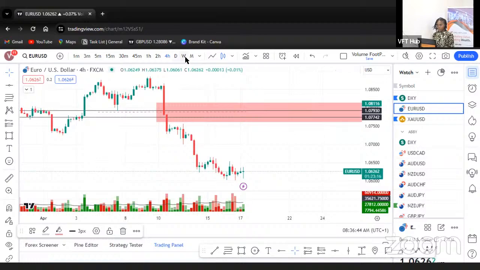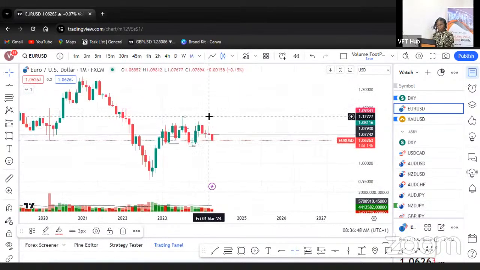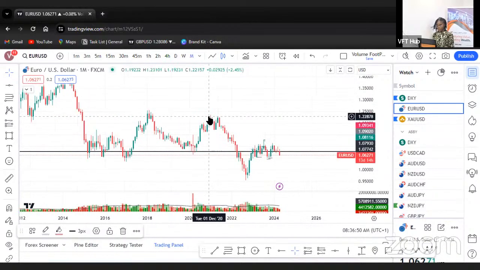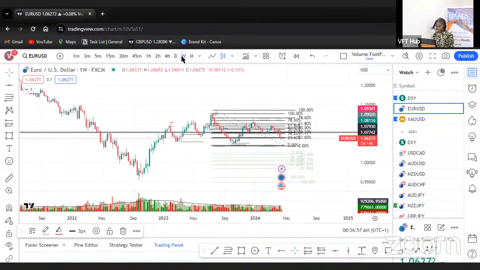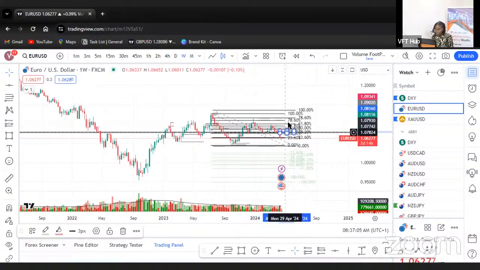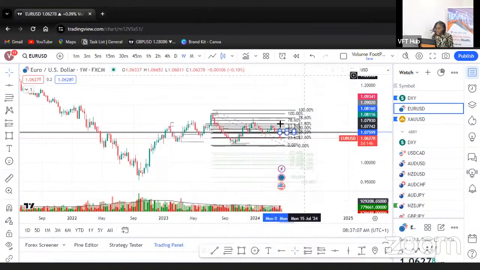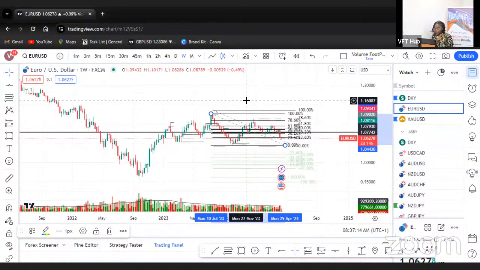Moving on to Euro USD. On a monthly time frame, Euro USD is clearly bearish. And down to our weekly time frame, price is also clearly bearish.